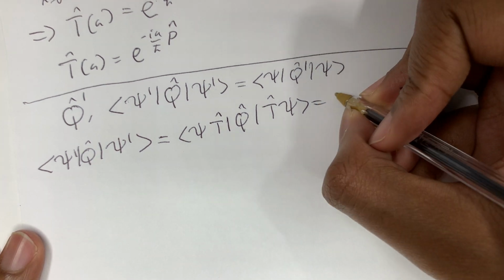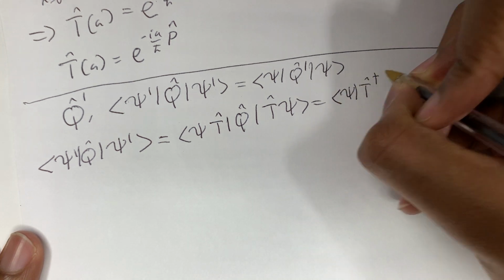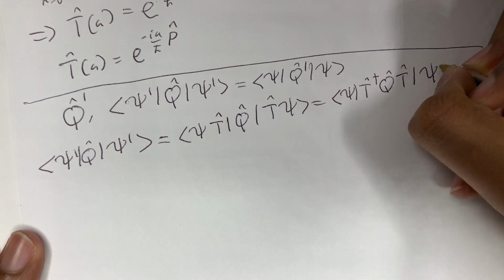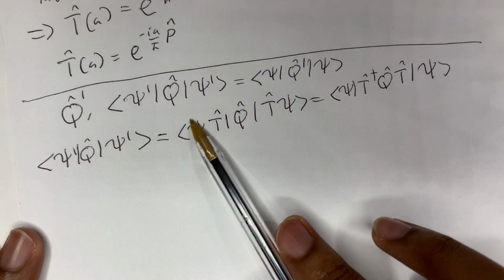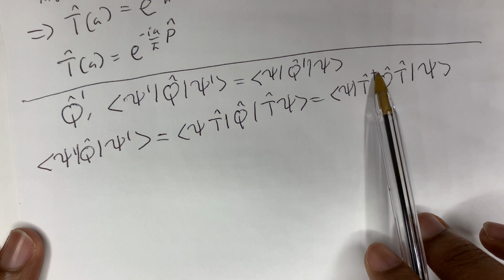So we move those to the front, and we have psi, T hat dagger, q hat, T hat, and then psi. It's T hat dagger since T hat was in the covector, so moving it out yields a dagger there.